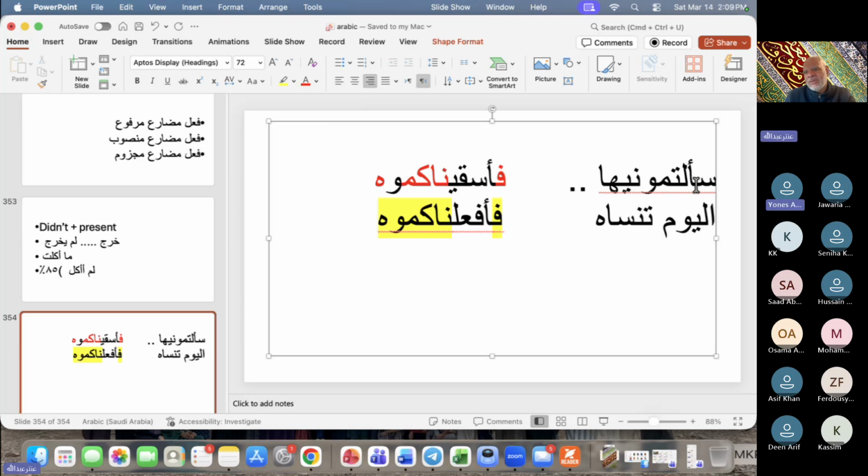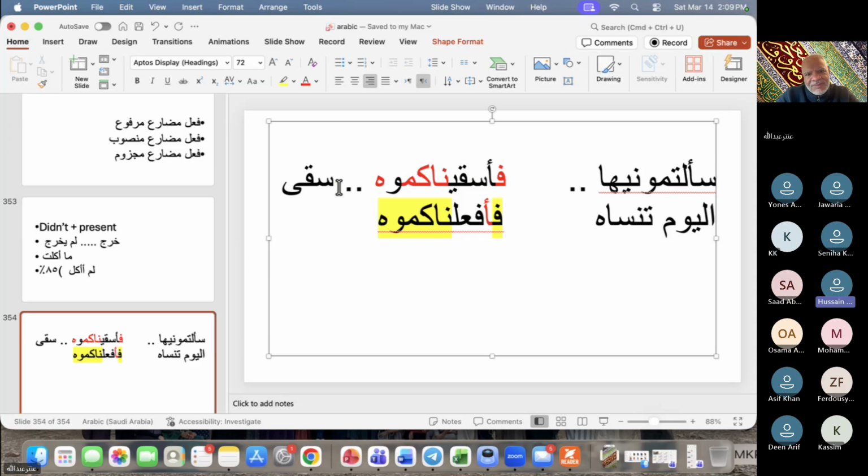So which letter of af'ala will we have to drop? We go back to sa'altumuniha, the alif, the hamza. This hamza we have to drop because this means that it is added. So we are left with saqiya, saqaya, and the root is saqa, which means to do what? Saqa wa asqa.